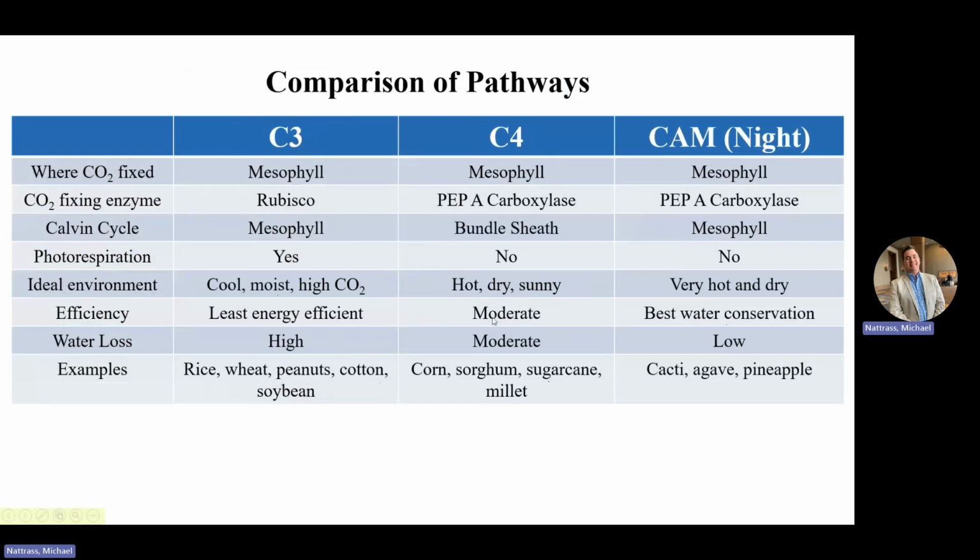All right, so this table right here is just to kind of give you an idea of the differences between the two. A test question might seem something like compare and contrast the difference between C3 and C4 plants. And some answer would be like, in C3 plants, carbon dioxide is fixed by rubisco, whereas in C4 plants, PEP carboxylase fixes the carbon dioxide.